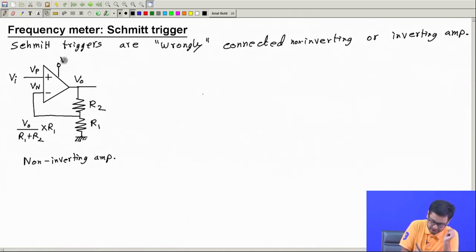So this is the positive supply voltage and this is the negative supply voltage.